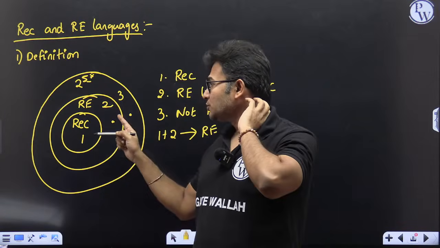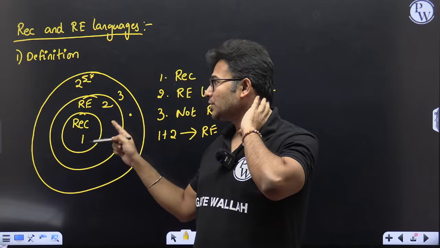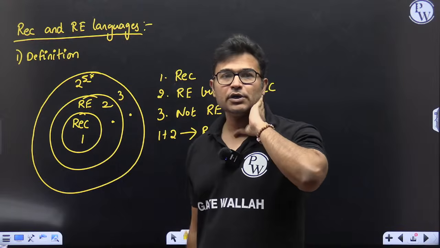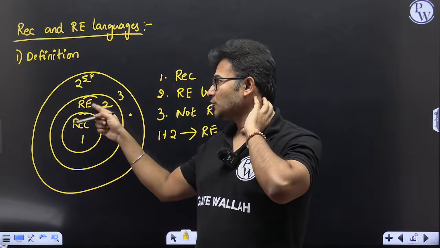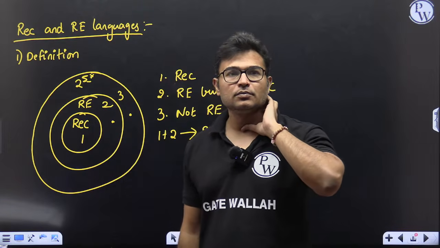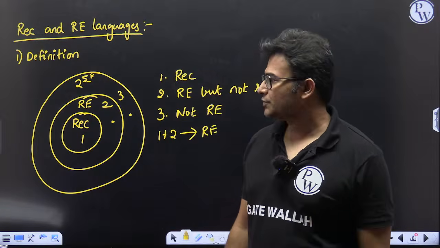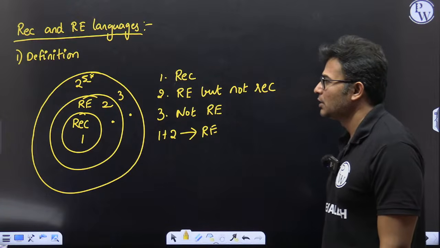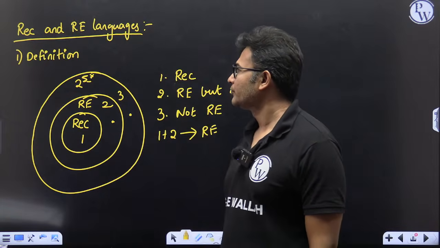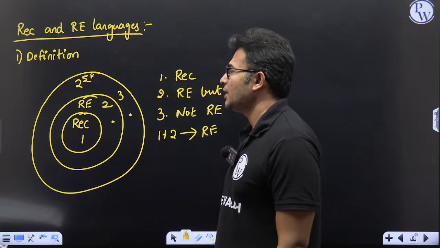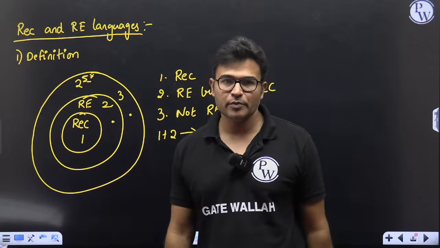If you are going to say that there are languages which are not recursively enumerable, you should show that. You should show a language which is not recursively enumerable, right?